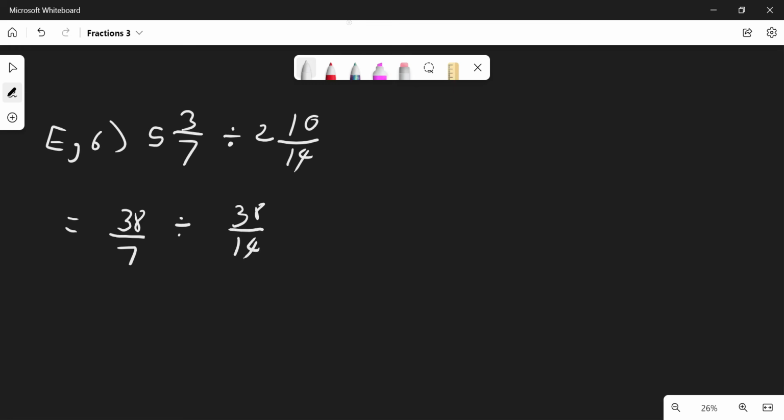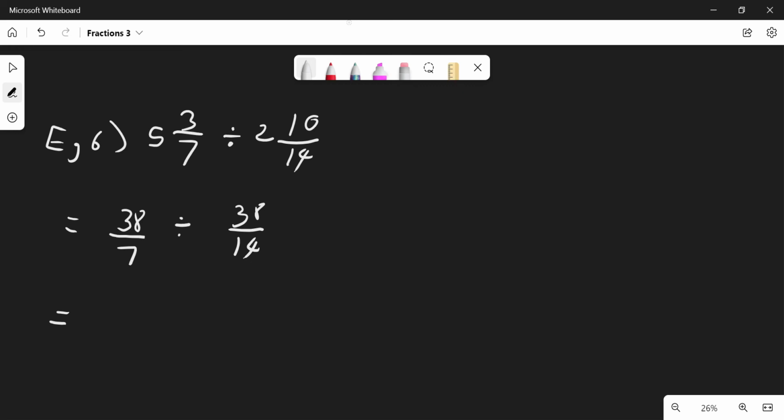Okay, beautiful. And so from here, we can now do our mathematics. You have the option of simplifying top to bottom, right? So I think 38 does divide into 7, does it? It does not, so we can't really simplify here, or we don't have to. No, there isn't. 7 is a prime number, so that doesn't simplify.